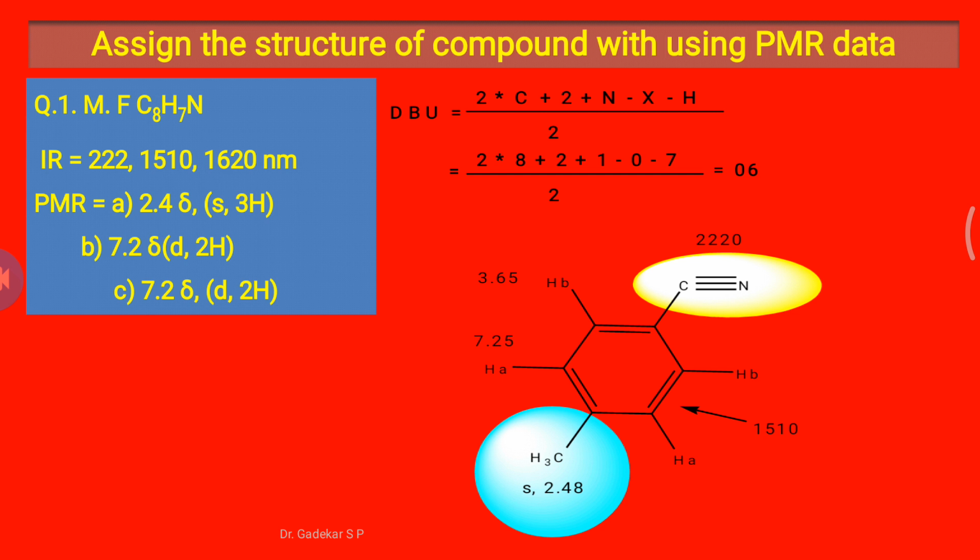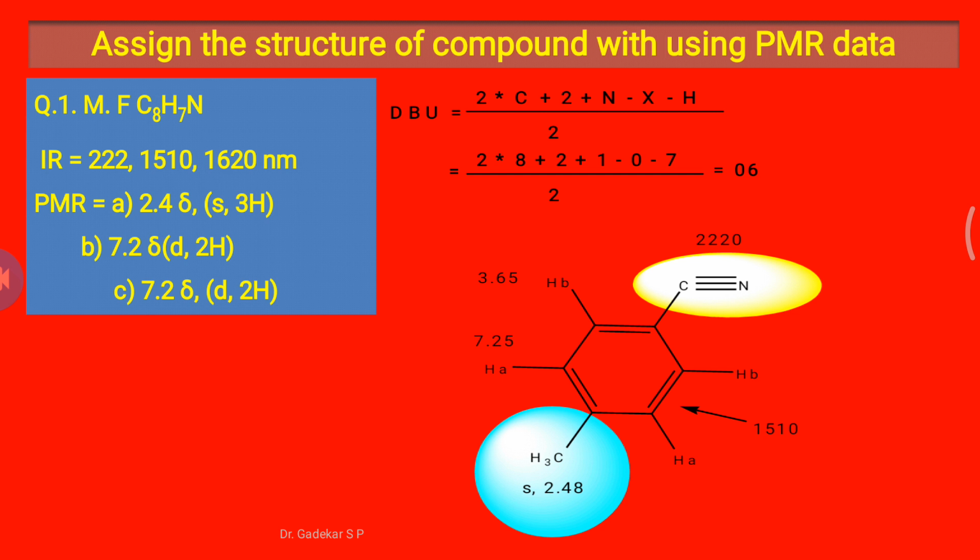Next is the 1620 centimeter inverse, which is the C double bond C of the aromatic ring.